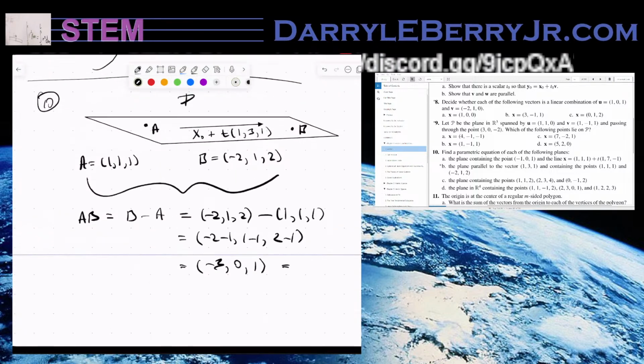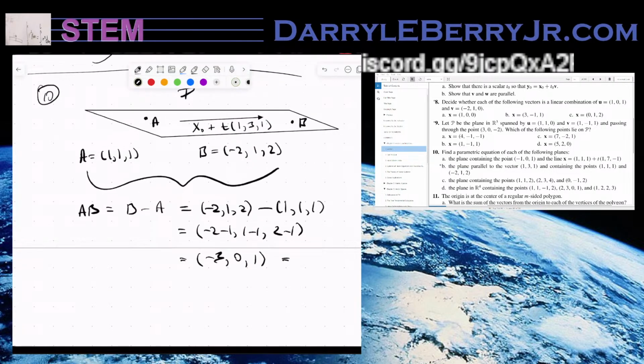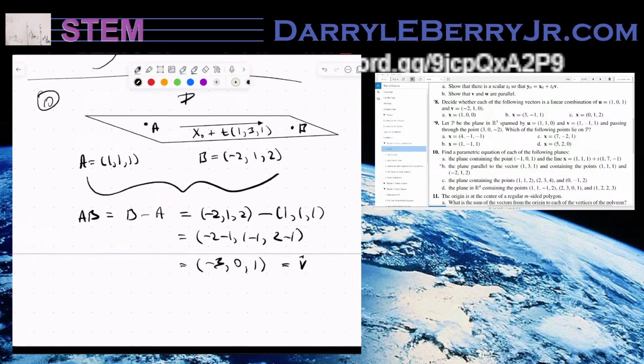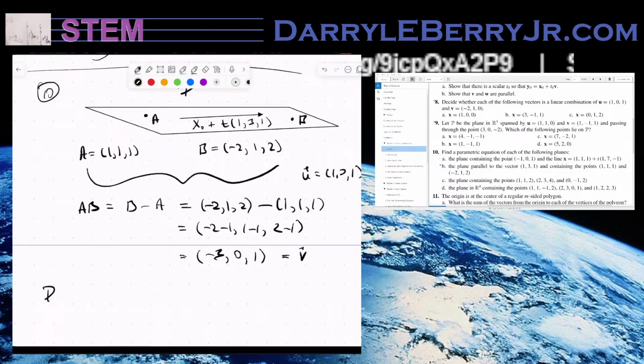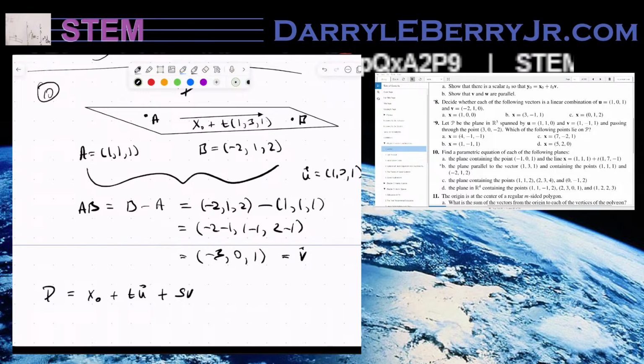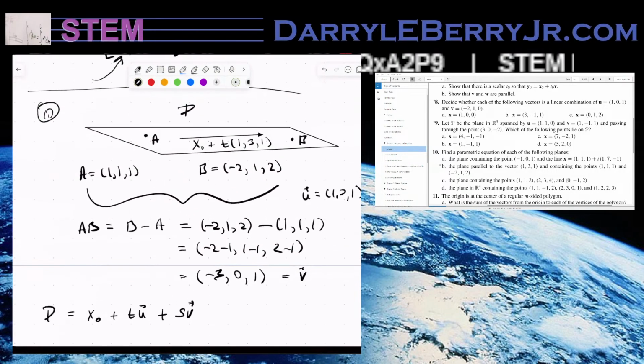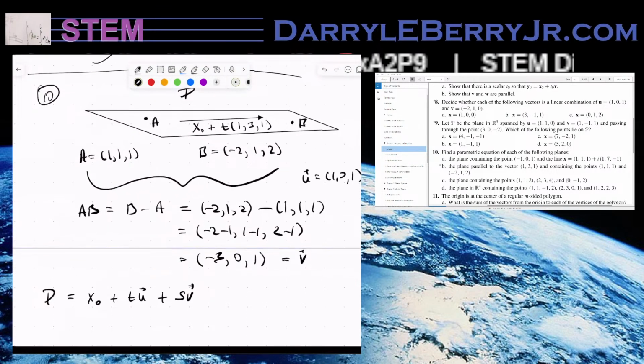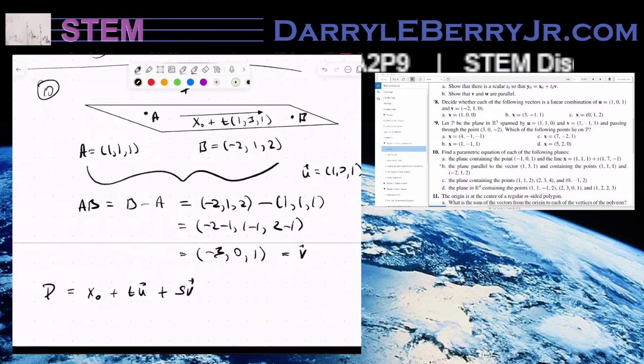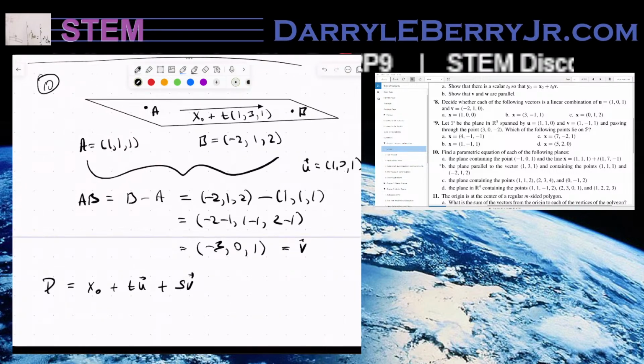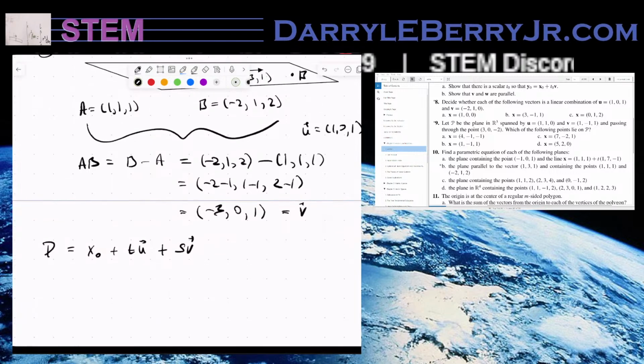And we'll call this vector V. And we'll say that U is 1, 3, 1. So the plane will be X0 plus TU plus SV. And we know that these 2 points are included because this vector is included.